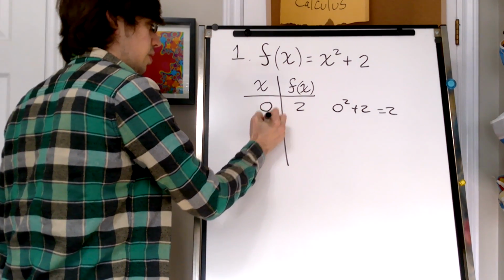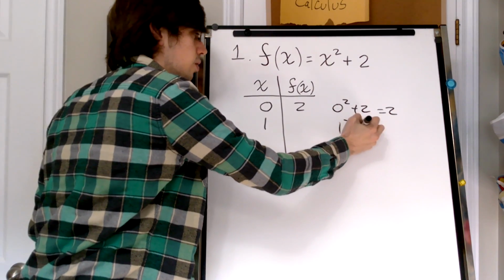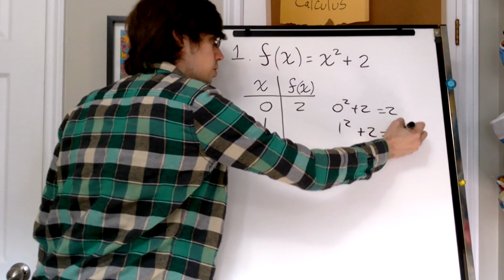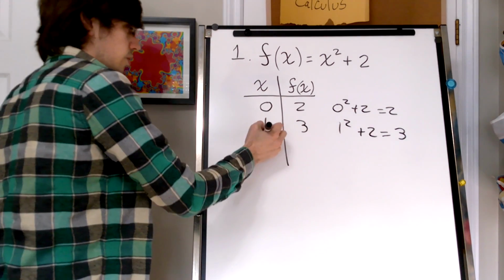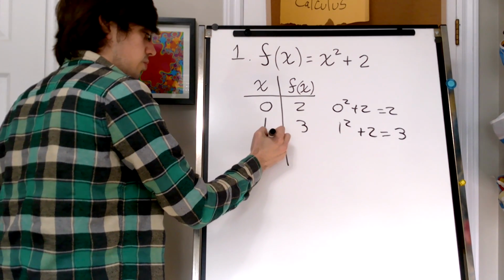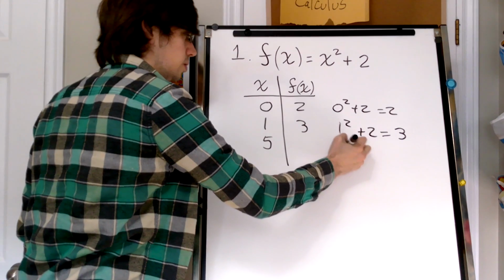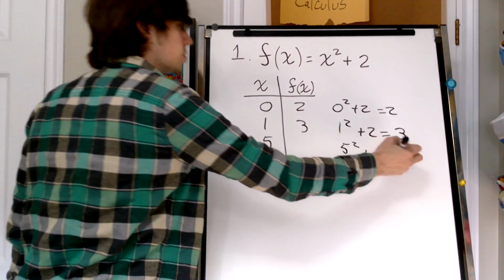We plug in a 1, get 1 squared plus 2. 1 squared is 1, plus 2, 3. Let's jump to 5. 5 squared plus 2, 25, so that'd be 27.